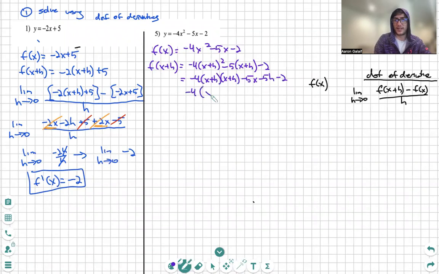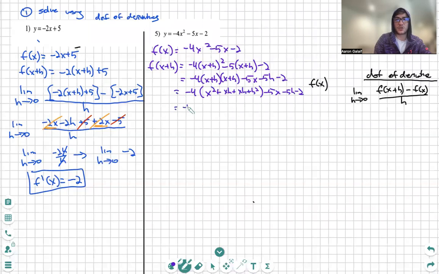We will FOIL this, x squared, right? Plus 2xh. I'll just do it the long way. So we'll distribute x squared plus xh plus xh plus h squared, negative 5x minus 5h minus 2.